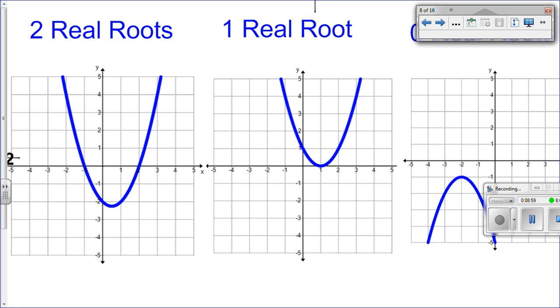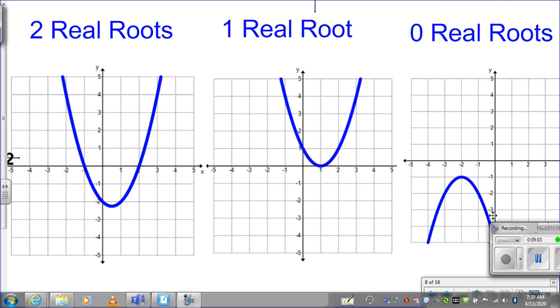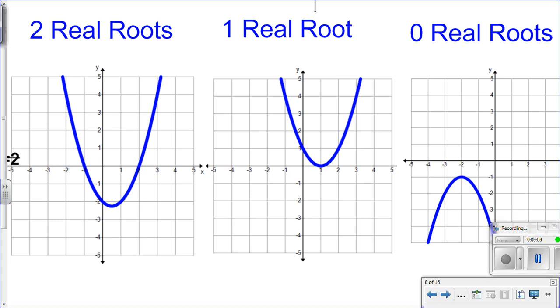Okay, the other thing that you have to be aware of with these is that when you're finding the roots, it is possible to have 2 real roots or zeros. So in this first example right here, you have 2 roots or 2 x-intercepts or 2 zeros, however you want to say it. But you have 2 x-intercepts, which means you have 2 real roots.